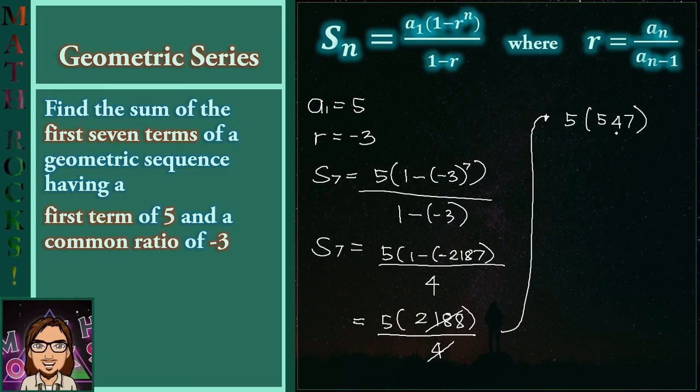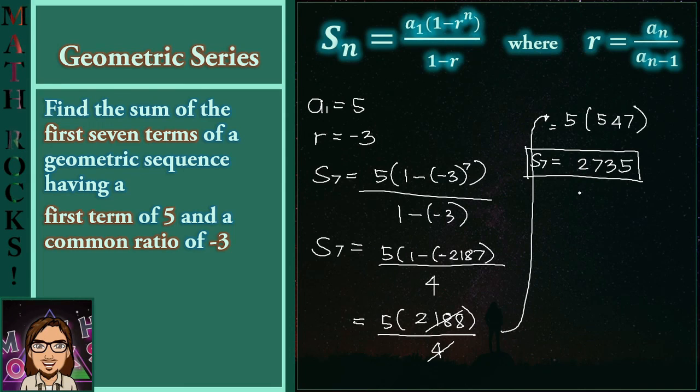And now to multiply this 5 with 547, we will obtain an answer of 2,735. So that means that the sum of the first 7 terms in the sequence is equal to 2,735.